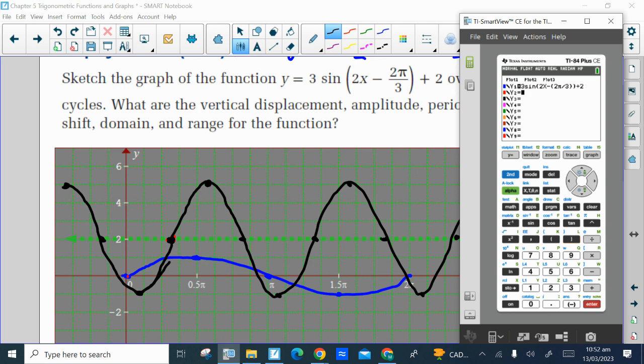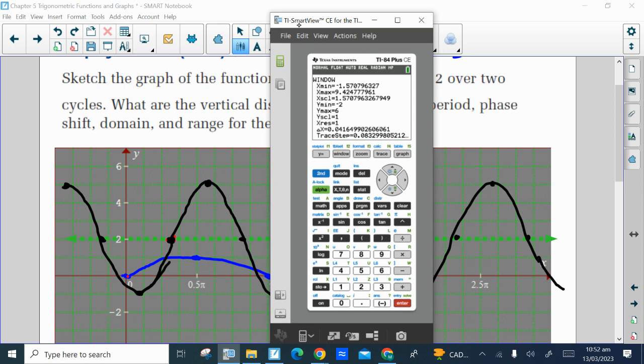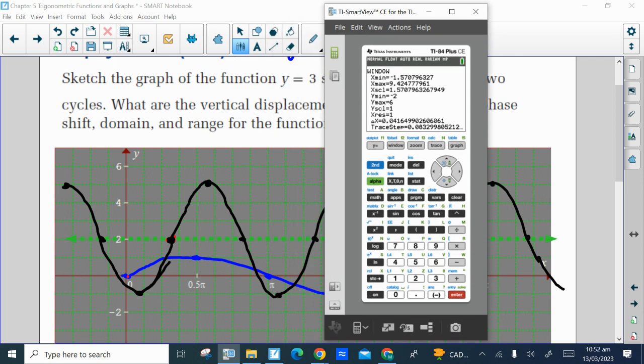So here I'm basically going from negative 0.5 pi on the x-axis in my window, up to 3 pi, which I think is what we had there. And our y minimum, negative 2 up to positive 6, so I can keep that all the same.